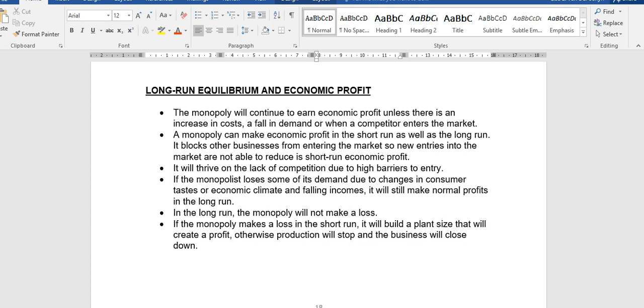The theory says in the long run, your monopolist will make an economic profit. So if you are asked about the long-run equilibrium position of the monopolist, you are going to draw an economic profit. And you need to remember that, okay? If they ask for long-run equilibrium and you draw anything other than economic profit, you are definitely not going to get full marks. You will still get marks for some of your curves, but definitely not for all of them.